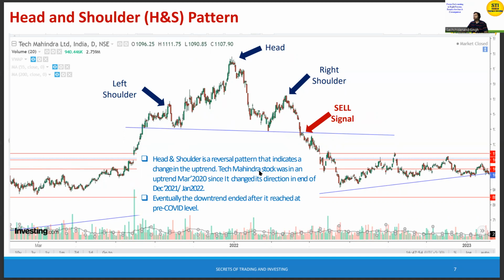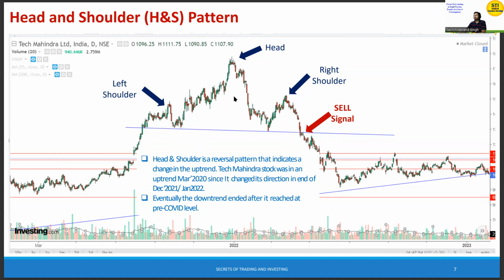The head and shoulder pattern indicates a change in uptrend. If you look at the overall chart, why is it called head and shoulder?